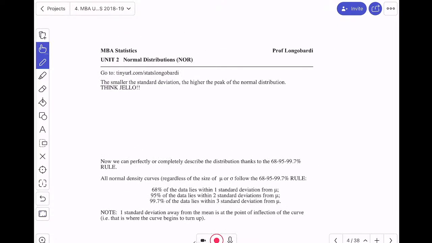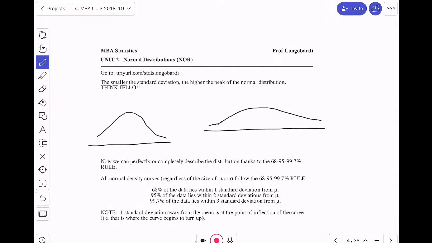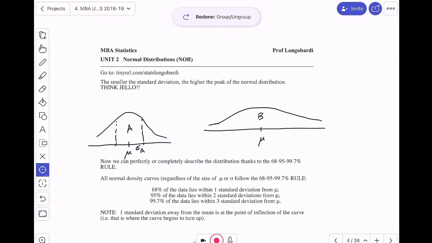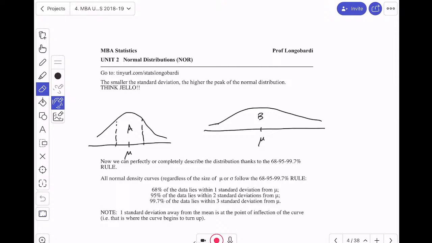So if you have 2 distributions that are normal, or approximately normal, I'll call this A and I'll call this B. This would be mu plus sigma A, right?